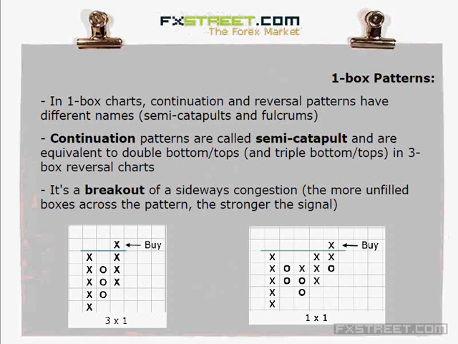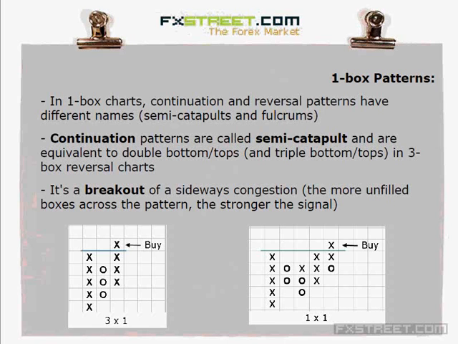So in 1 box charts, these patterns, continuation and reversal patterns, have different names, specifically semi-catapults and fulcrums. We'll see a lot of examples and why they are called so. Continuation patterns, we'll start with continuation patterns, are called semi-catapults, and these are the equivalent to double bottoms and tops, and also to triple bottoms and tops that we haven't seen, but we'll see later on in 3 box reversal charts.